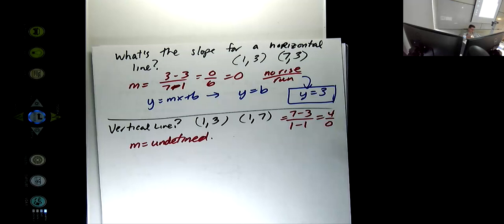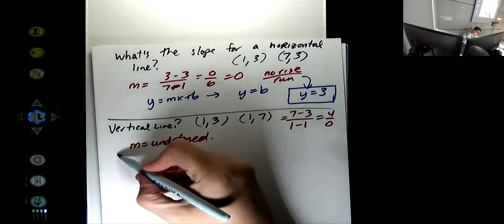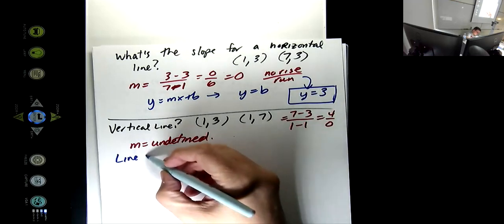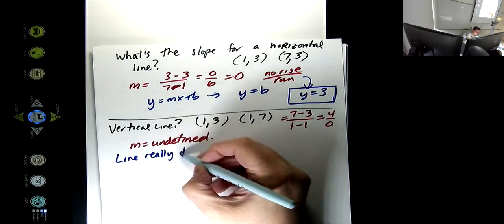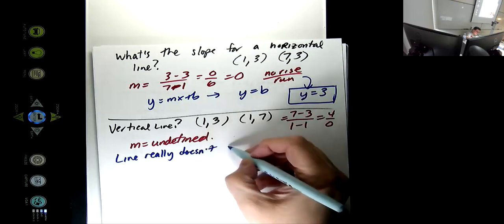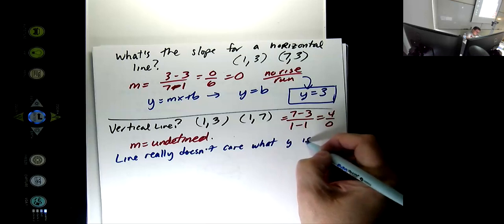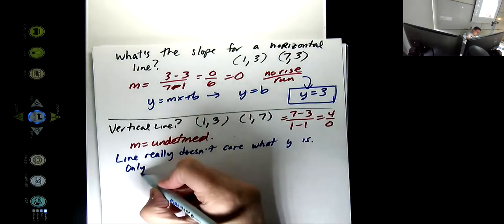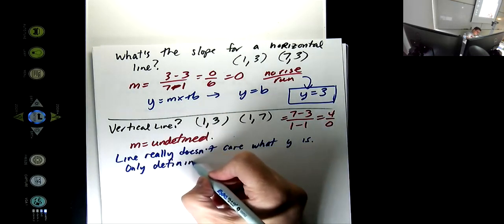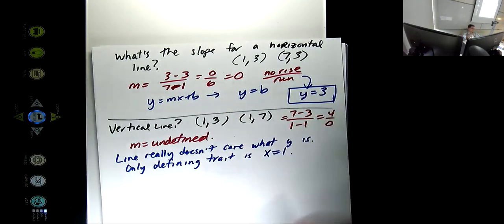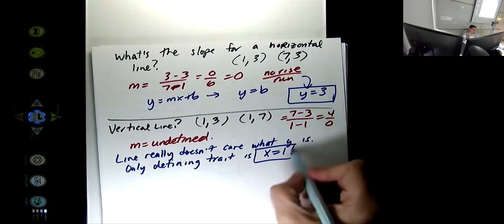The line really doesn't care what y is. The only defining trait of it is x equals 1. So that would be the equation of a vertical line.